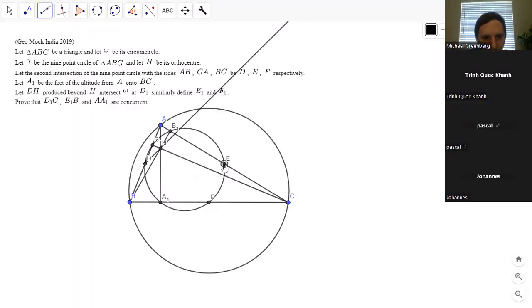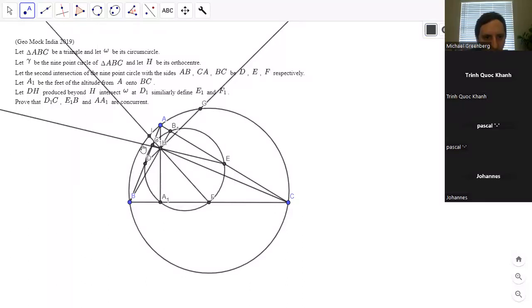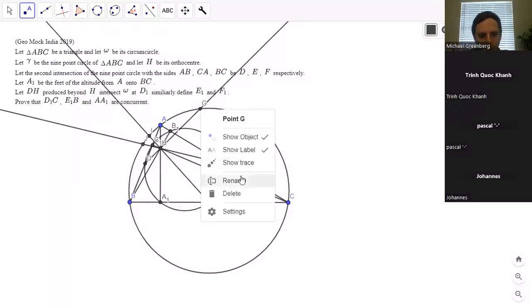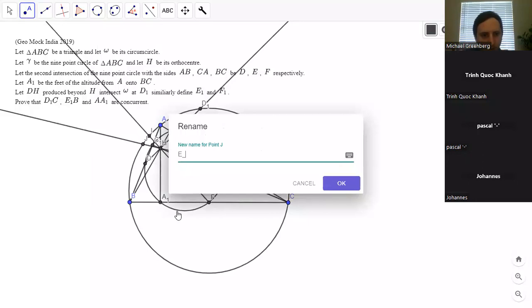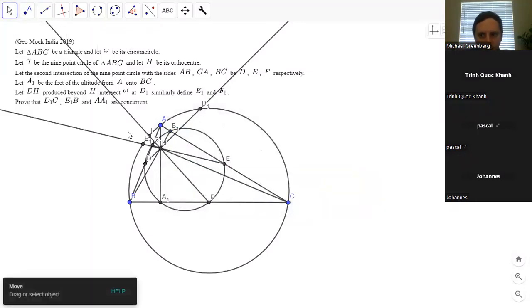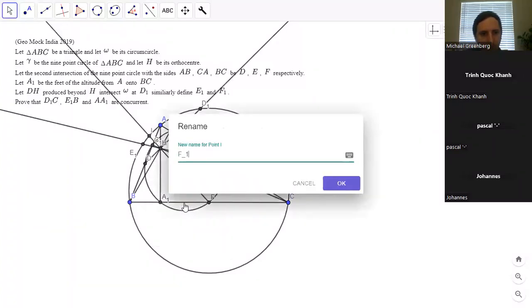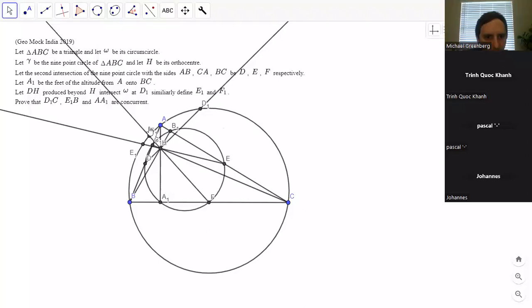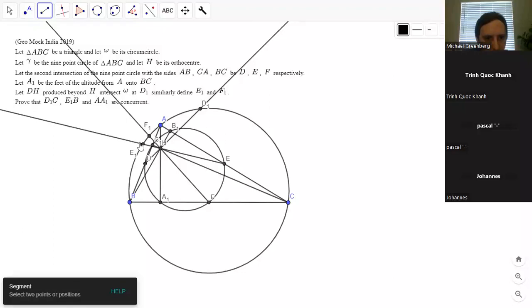And then we would draw E1 and F1. And then we want to show D1C, E1B, and AA1 are concurrent.